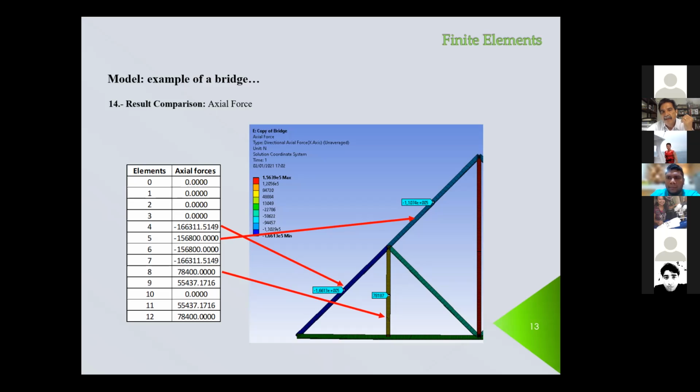And these results are very close to the ones that we obtained with ANSYS. That's what they're telling you. So this table here, you obtain it with your own program. And this is what ANSYS will give you. All these values here, you will see them on the screen that ANSYS presents to you.